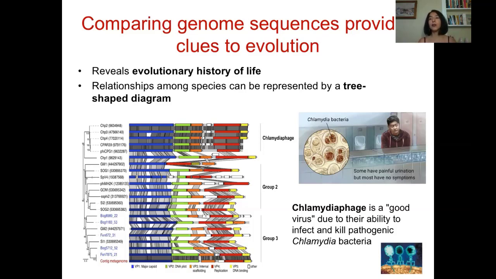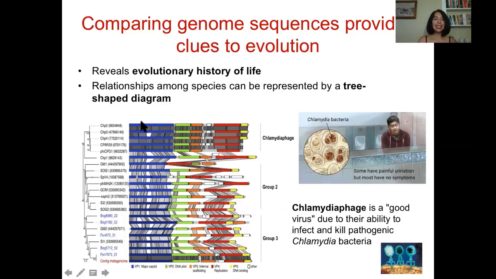But in humans it is mainly considered a sexually transmitted disease. What is interesting is that there are some phages, some viruses, that can kill the bacteria. Similarly to the phages we talked about in the blending experiment, these are similar viruses, but they affect different bacteria.